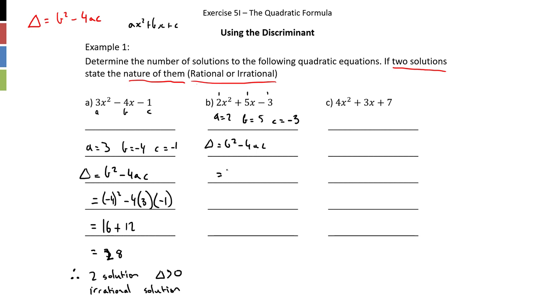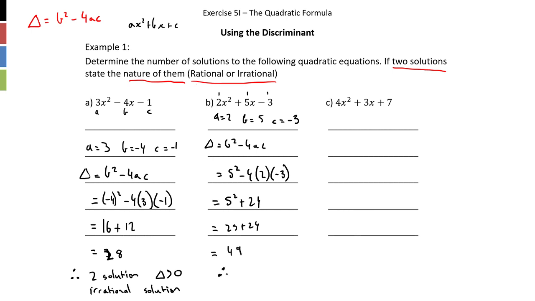So b squared, we get 5 squared, minus 4 times a, which is 2, times c, which is -3. We've got to be really careful with our signs because it is important. -4 times 2 is -8, times -3. So -8 times -3 is positive 24. So we get 25 plus 24 equals 49.